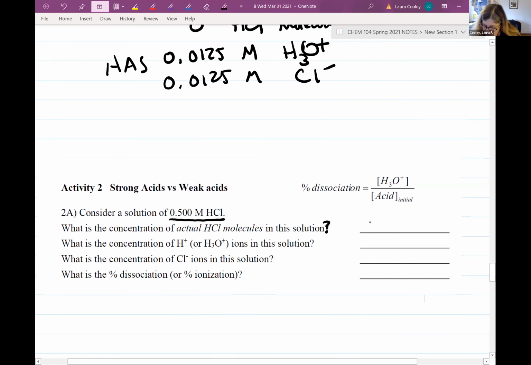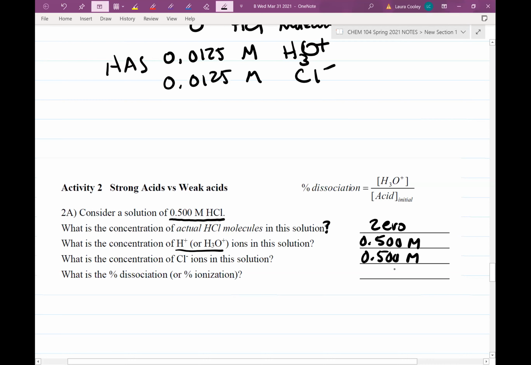Zero. That's right. And what is the concentration of H plus or H3O plus in that solution? It's not a trick question. 0.5. That's right. And what is the concentration of Cl minus in that solution? 0.5.